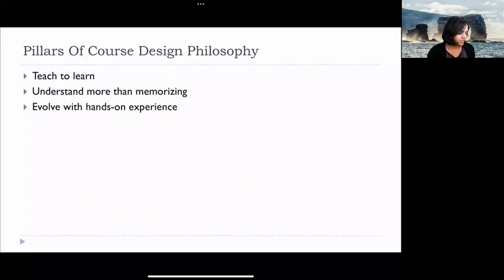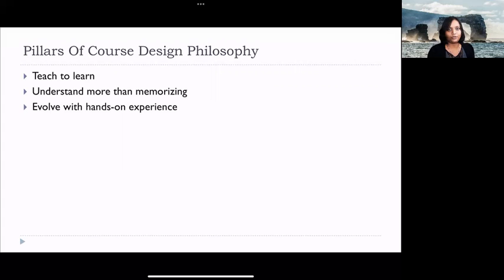This course is designed revolving around three core pillars of philosophy. First, teach to learn, understand more than memorize, and evolve with hands-on experience. Different components of this course are designed using this philosophy. For example, this course is not a spoon-feeding course, as I just mentioned.